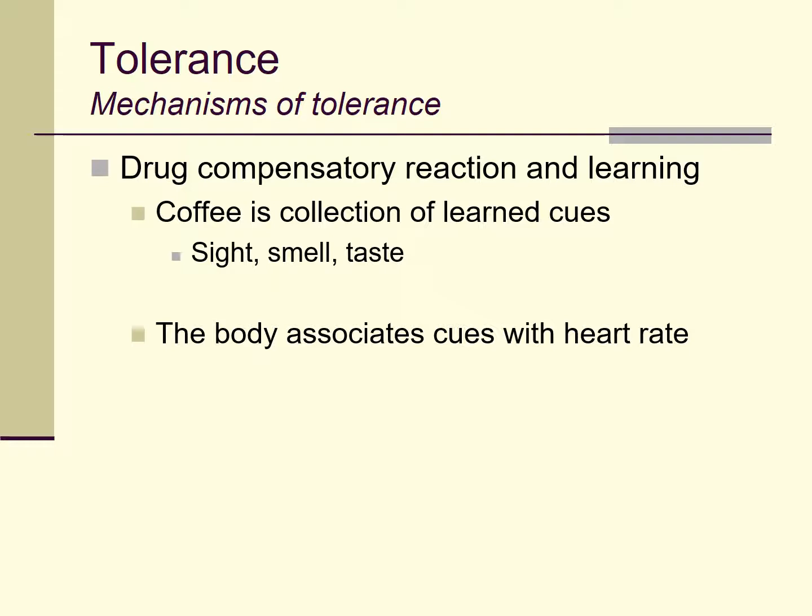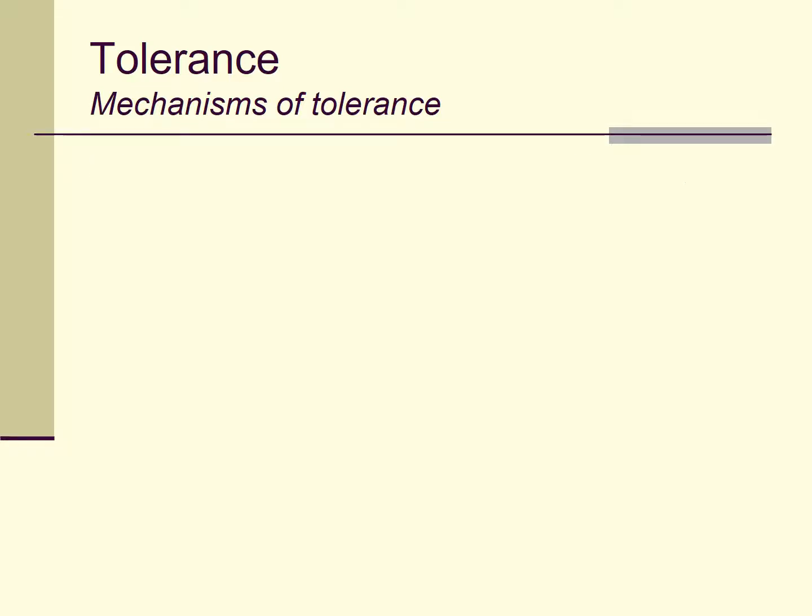The body makes these associations and begins to decrease heart rate activity even before the caffeine is present, using those cues as an early warning to get ready to counteract the effects of the drug. So it's learning in that fairly basic sense.